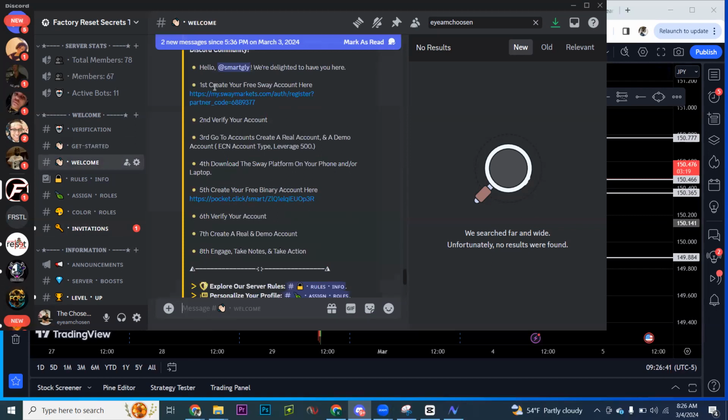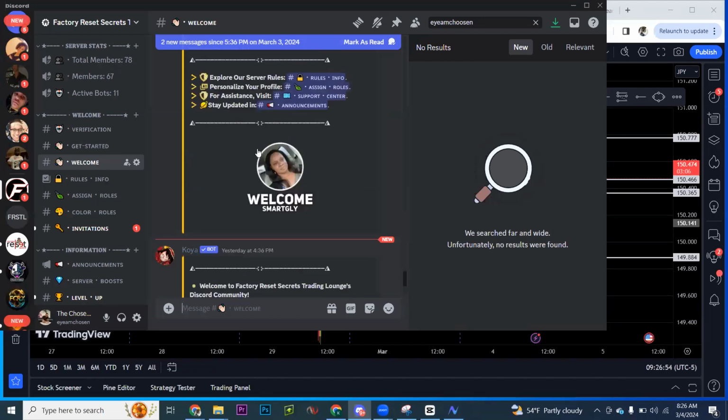First, create the account, verify your account, create your real account, create a demo account. There's your leverage, the account type, download the platform, create your binary account, verify your account, create your real account, and you're prepped up and ready.